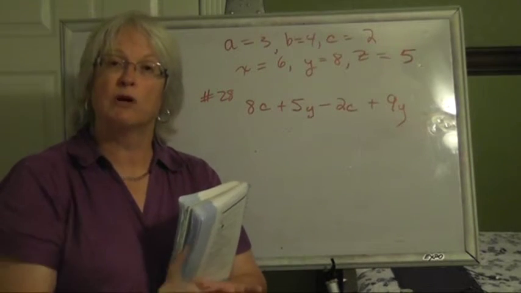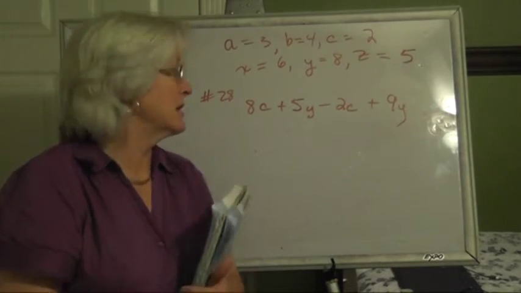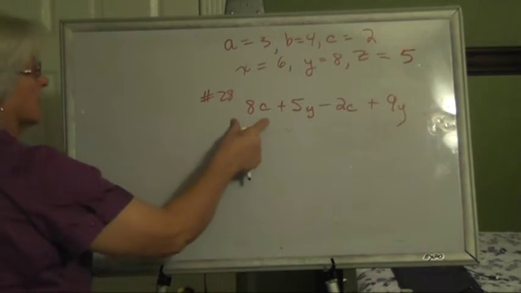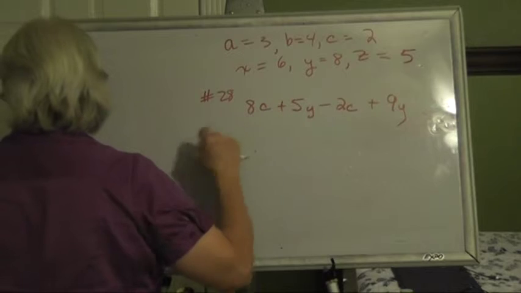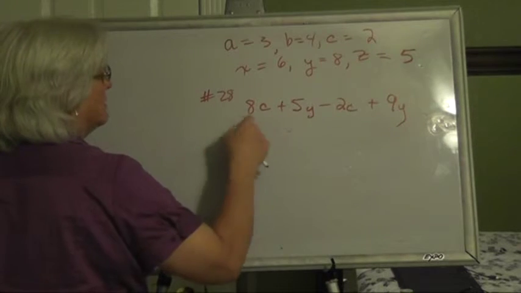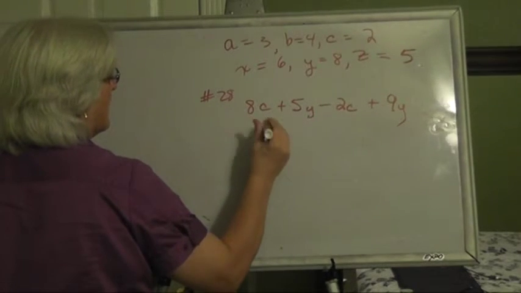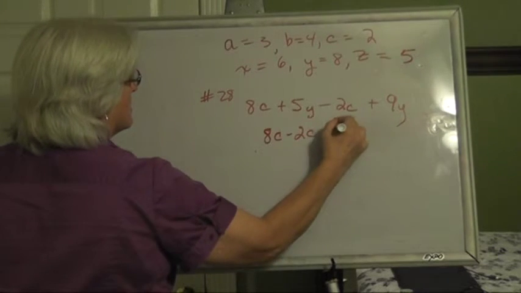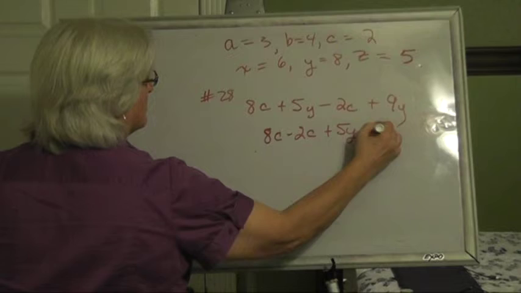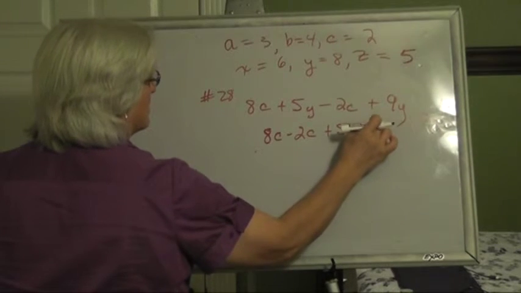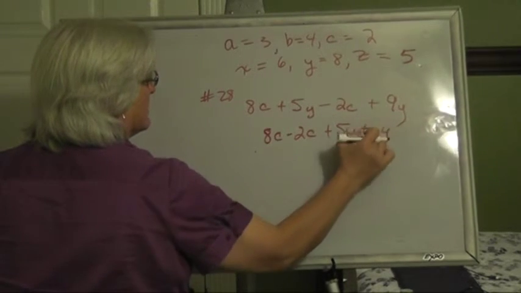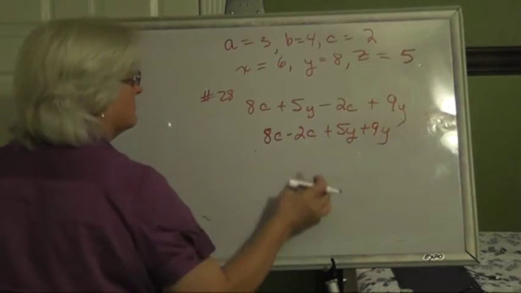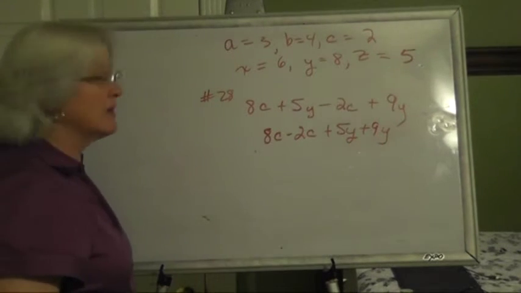Now let's go ahead and reorder our add-ins here so we have like terms together. We have c's and we have y's. 8c minus 2c plus 5y plus 9y. That made a mess, didn't it? We have the c's together.